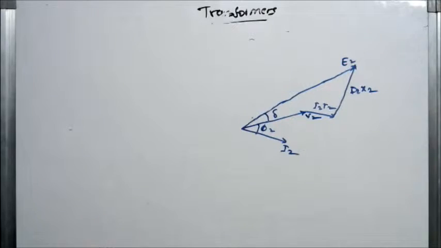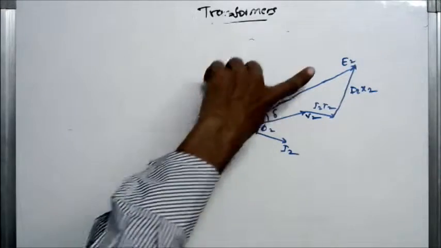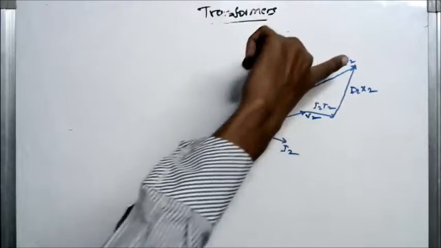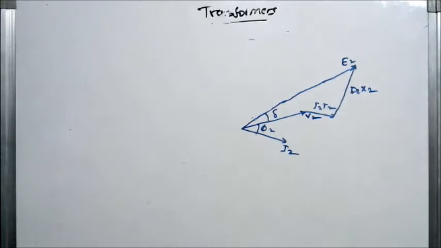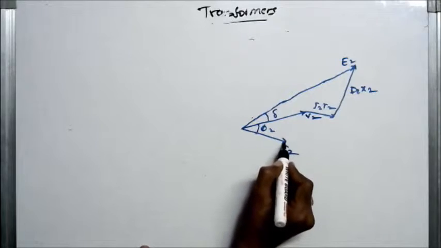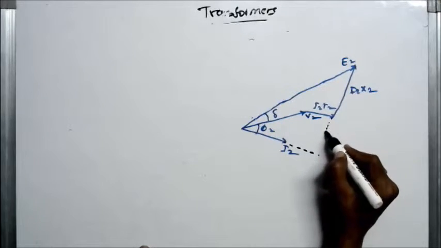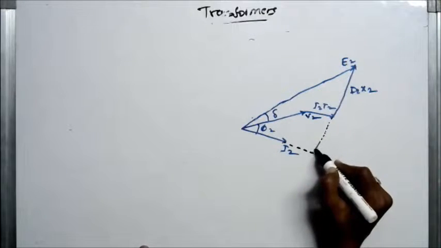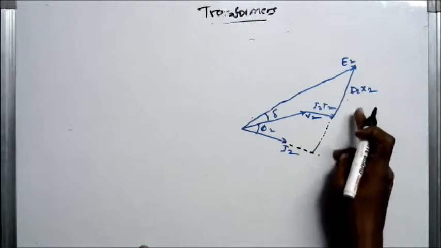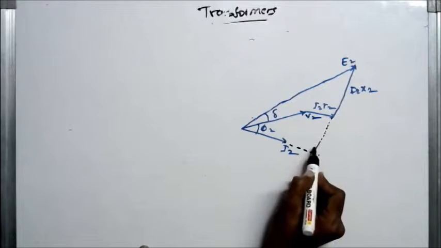Now we can derive the E2 equation in two ways. First I will go the lengthy way. This is all given in the book. Okay. First one is this way. I will extend the line of I2 and the line of I2 jX2. They will meet at 90 degrees.